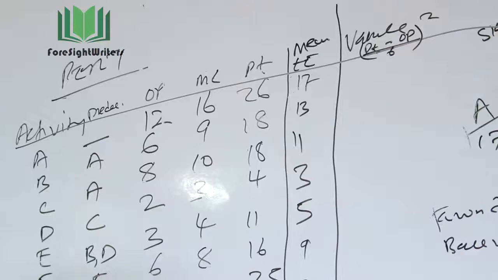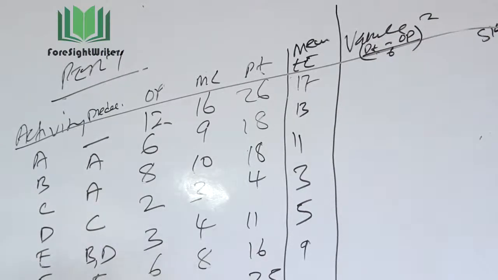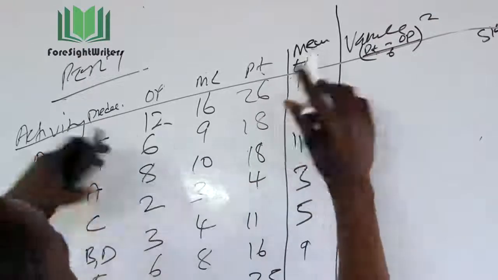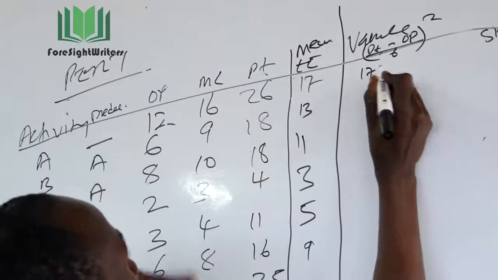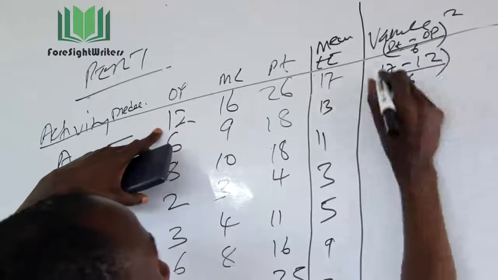The variance for activity A is supposed to be 17 minus 12, over 6, then you square this. 17 minus 12 is 5.